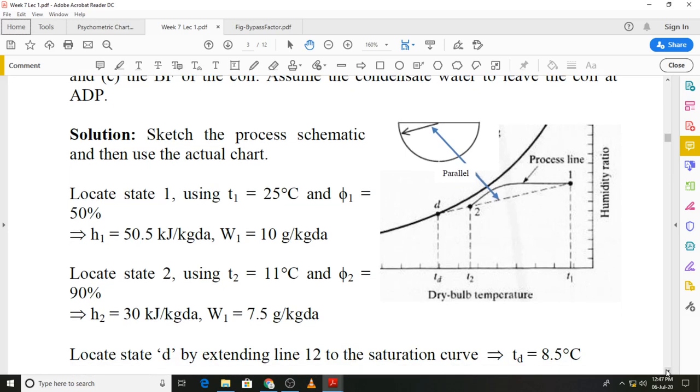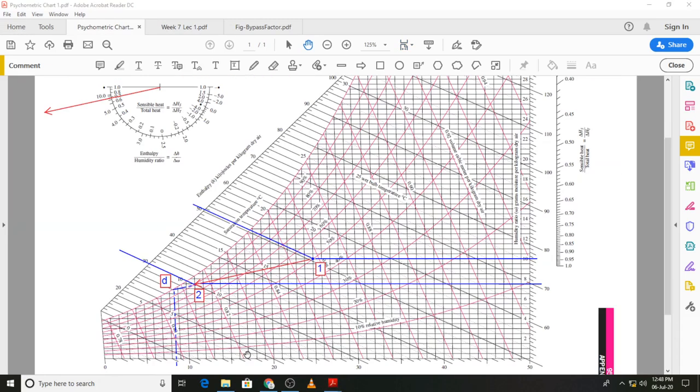Before that, we will also locate state D, which is quite straightforward, because if you have already located states 1 and 2, state D can be easily obtained by extending the process line 1 to 2 to the saturation line. And once we have reached state D, we can find the apparatus dew point, or the temperature at D, and that is now shown on the actual psychrometric chart.